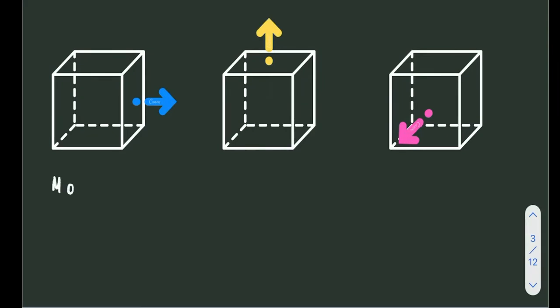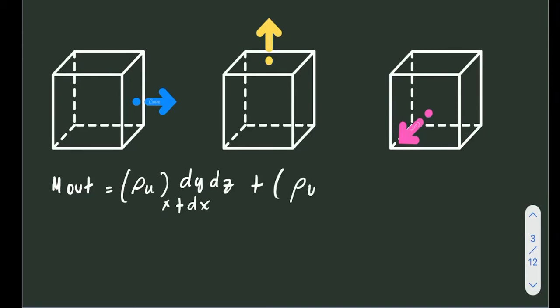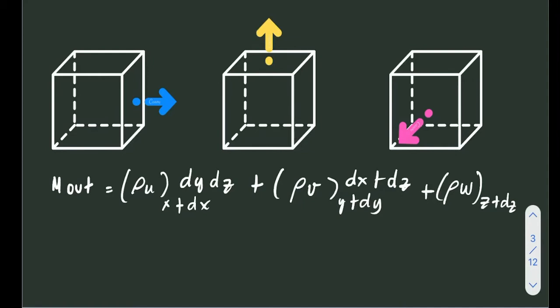Okay, so now we look into the outgoing, yung palabas. We have your m out is equal to your rho u at x plus dx times dy dz, plus your rho v at y plus dy times dx dz, plus your rho w at z plus dz times dx dy.